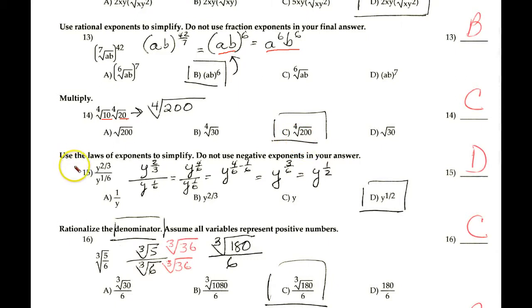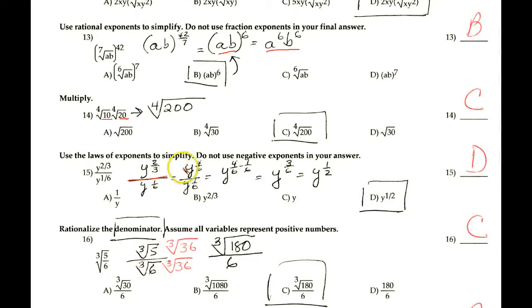Now, for number 15, they want you to use the law of exponents to simplify. Well, first of all, I wrote it so I could understand it. And what are we going to do when we are dividing, in a sense? Well, we have to subtract exponents. Since they're in fractional form, we need common denominators to work with these fractions.